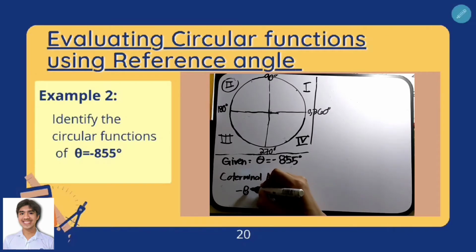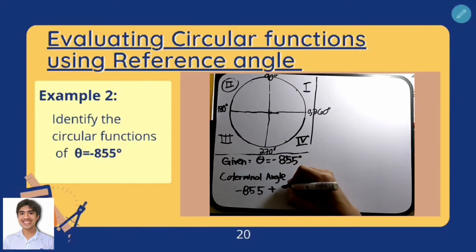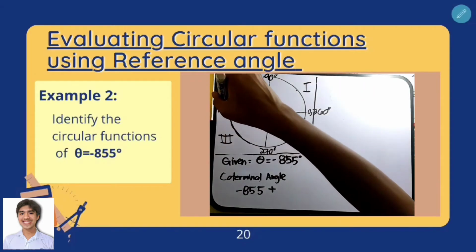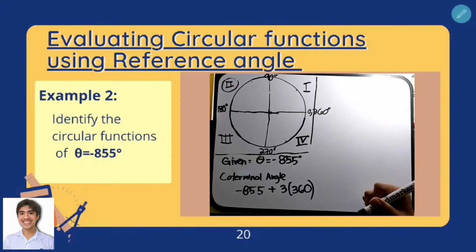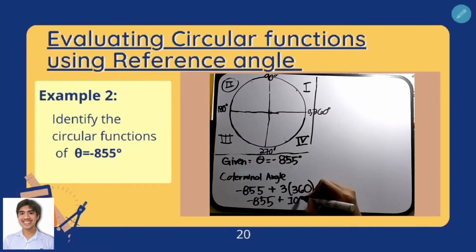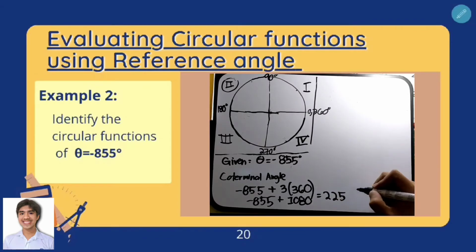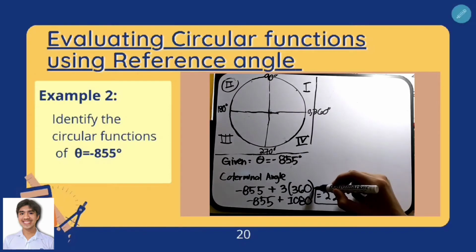Let our theta be negative 855, and since negative 855 is within the third rotation, then we will have 3 as k. Then, we will multiply it to 360. So 3 times 360 is equal to 1080. Let's add negative 855 and 1080. Then we will have 225 degrees.